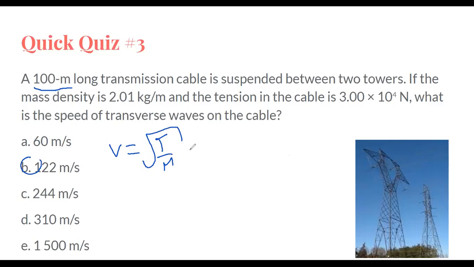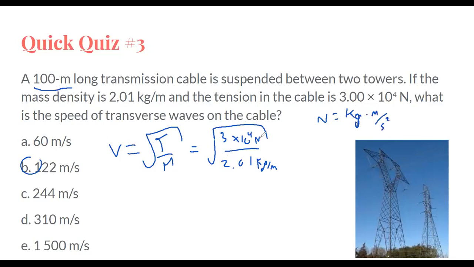But first, if we just plug in what we know, the tension and the mass density, so we go right ahead, plugging it in, 2.01 kilograms per meter. By the way, it's always good to check that the units work out, because you're dividing newtons by kilograms per meter, and a newton is a kilogram times meters per second squared.